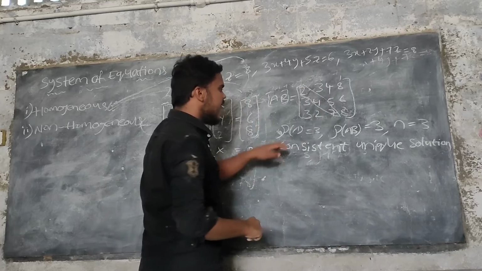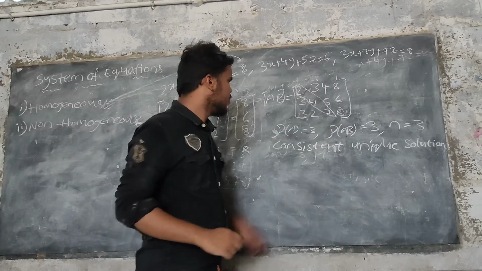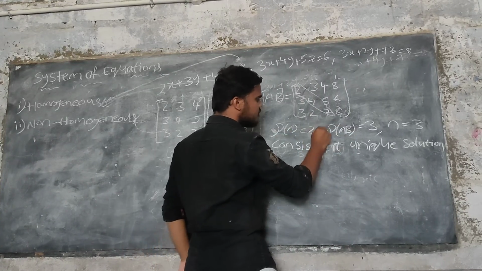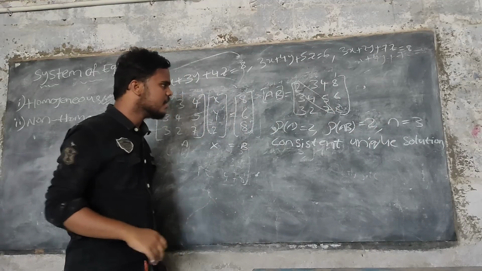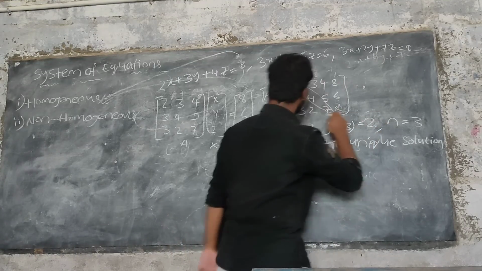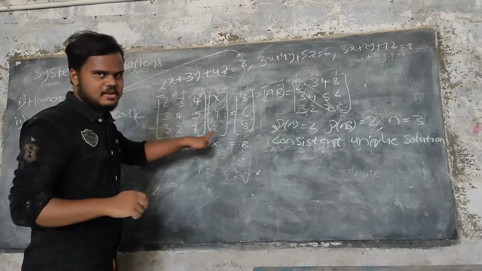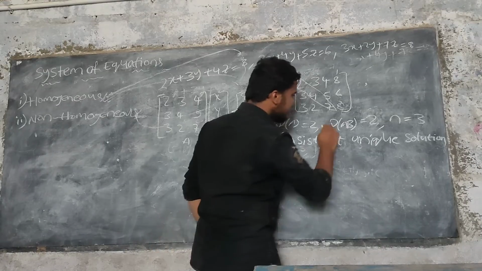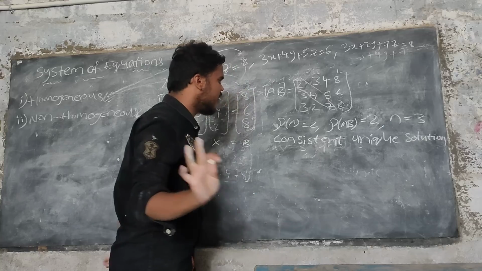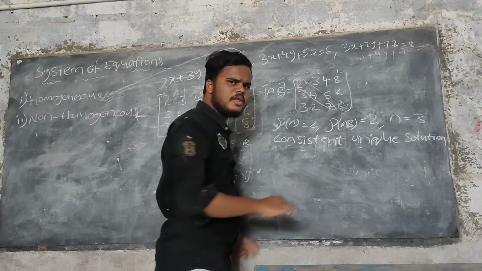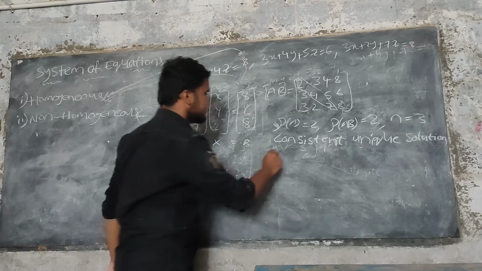In another case, rank A equals rank AB. Suppose rank A equals 2 and rank AB equals 2, and the number of unknowns equals 3: x, y, z. Here rank A equals rank AB, which is fine, meaning the system is consistent.